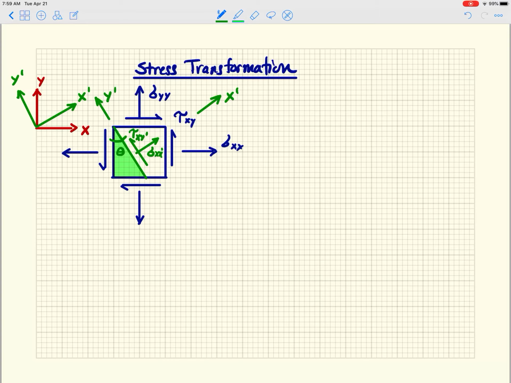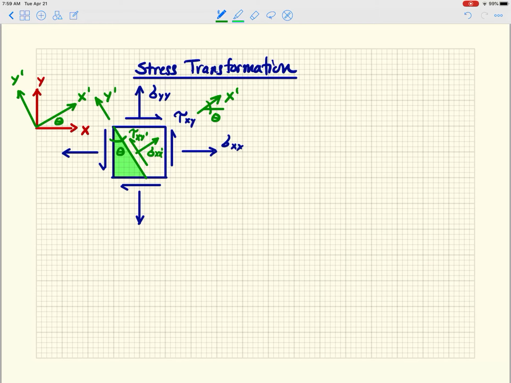So this is what we're doing. We're saying, okay, we've defined the stress at a point in terms of our global coordinate system, capital X, capital Y, and then I'm rotating that coordinate system by a theta. So let me just draw that theta here, and that, by the way, is the same as that theta, so all of these are the same.